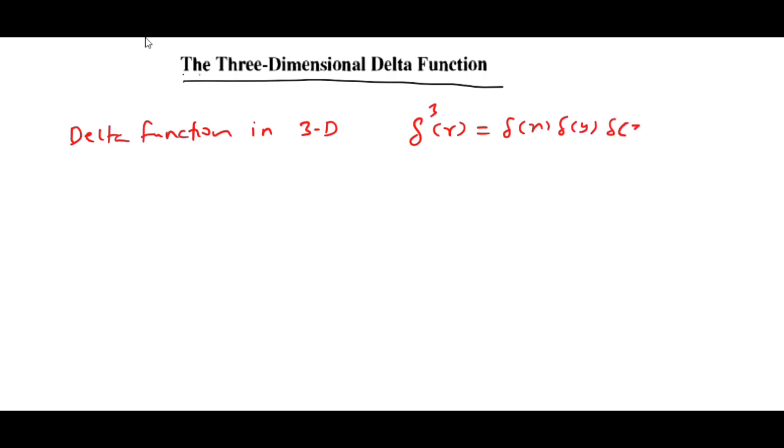The three-dimensional delta function can be written as delta cube r is equal to delta x, delta y, delta z, where this r is a vector, that vector r is x cap plus y cap plus z cap.